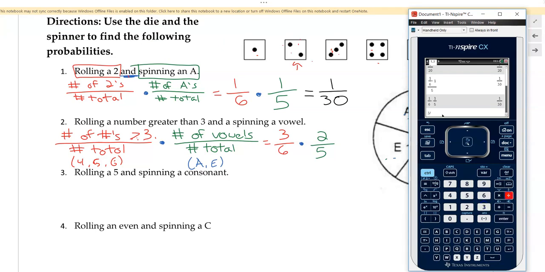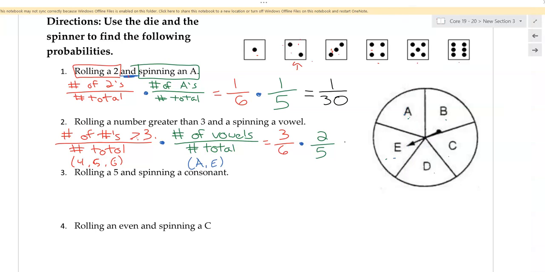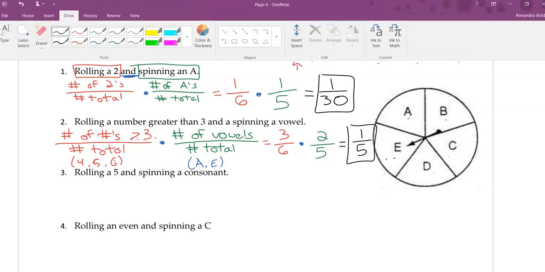So I have 3 out of 6 times 2 out of 5. We get 1/5. If you just do your multiplication in the calculator, it already reduces it for you, which is nice.